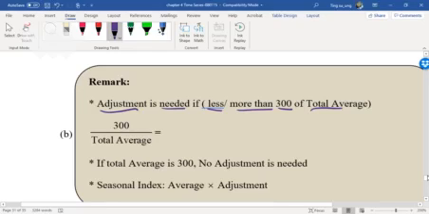Okay, so how to get the adjustment? You take 300 divided by the total average. I'm sure it's very logical, right? Adjustment will be needed if your answer is less or more than 300. For example, if your carry mark is already perfect, let's say it's 100% ready, will you need any adjustment? No, right? I hope you can understand this.